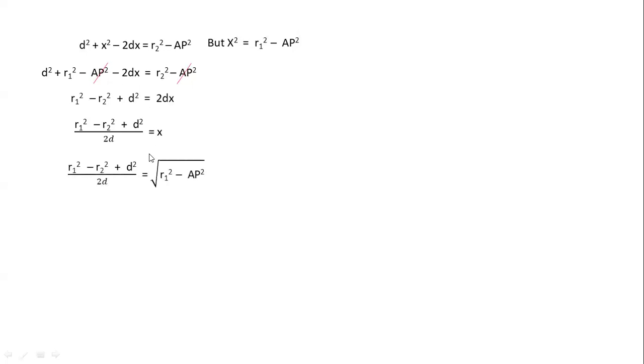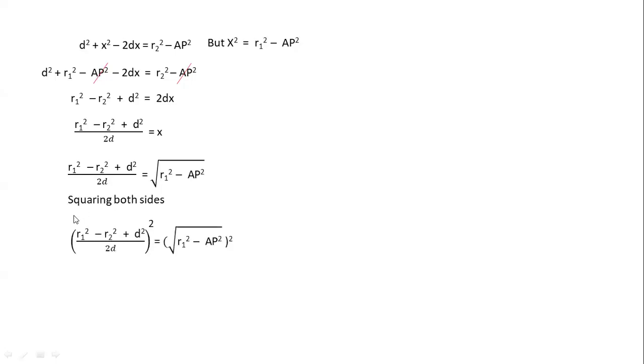Okay. Now R1 square minus R2 square plus D square upon 2D. And what is X? X square was R1 square minus AP square. So X must be the square root of this. If square root is there, let us remove the square root by taking the square of both sides.